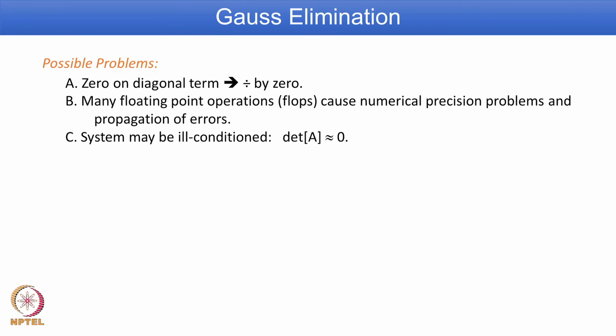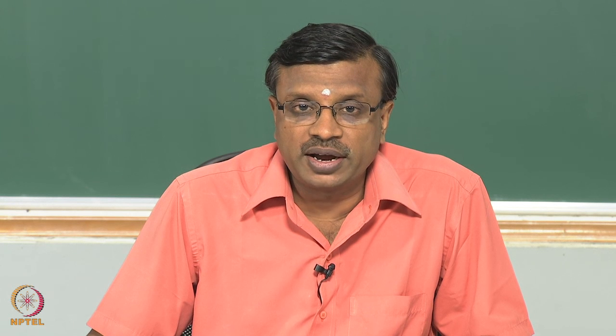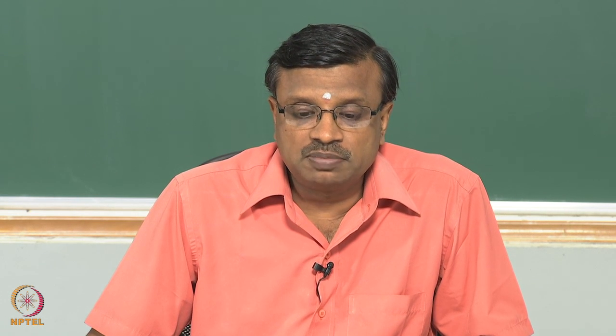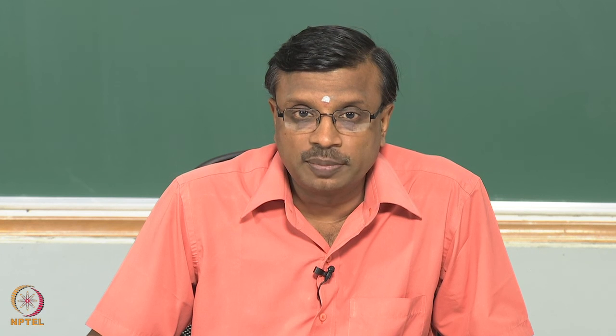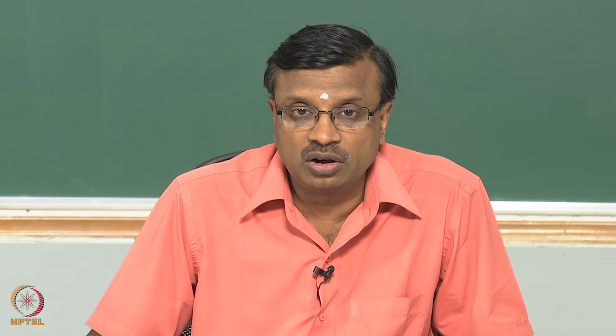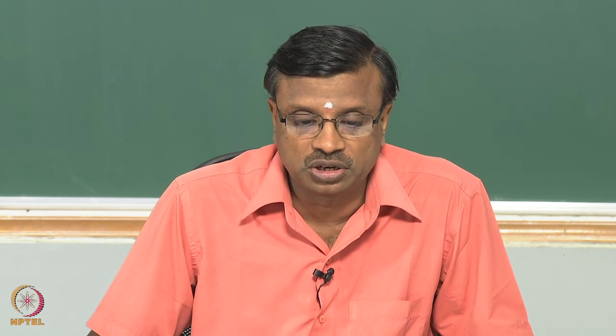And we have observed there are many floating point operations, in other words flops, and which may cause numerical precision problems, because you are handling so many operations and every time you are approximating, and any error introduced at any stage will propagate and finally you may get an erroneous result. And the system may be ill conditioned, for the matrix condition determinant A is approximately or very close to 0.